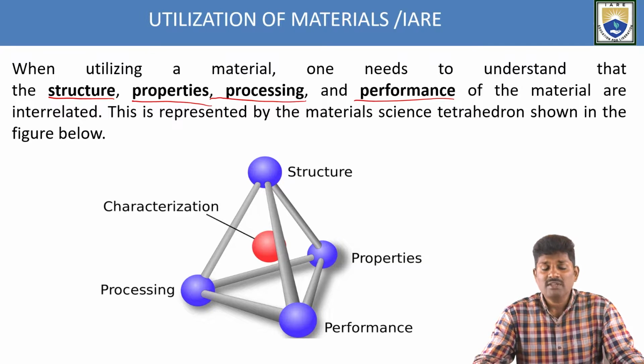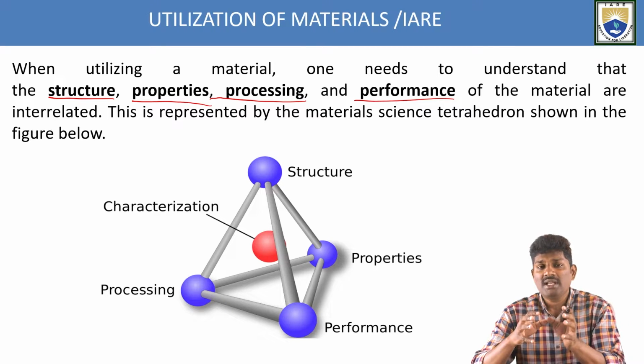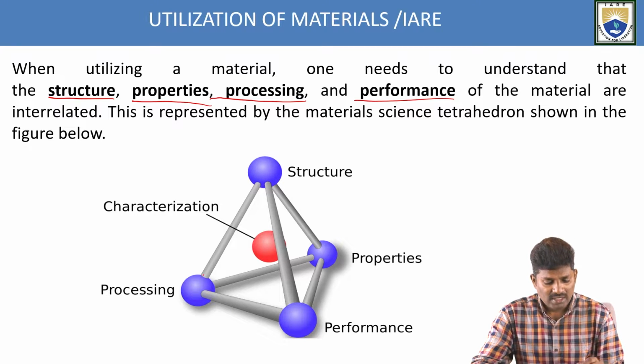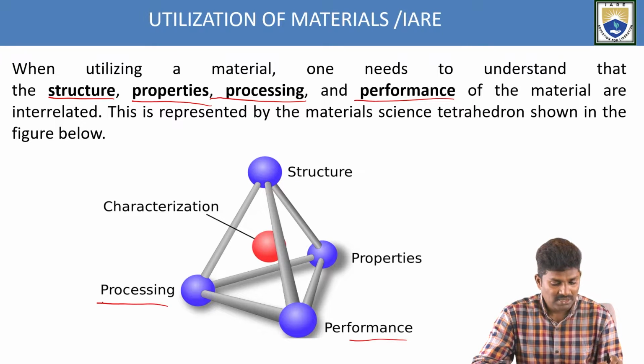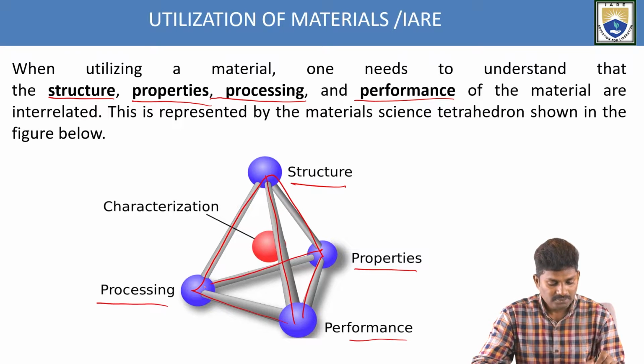So what happens here? When you're utilizing a material, we have to understand all these four components of the material, and since these are interrelated to each other, if you see the diagram here, the performance, processing, structure and properties are interrelated. Everything is interrelated to each other.